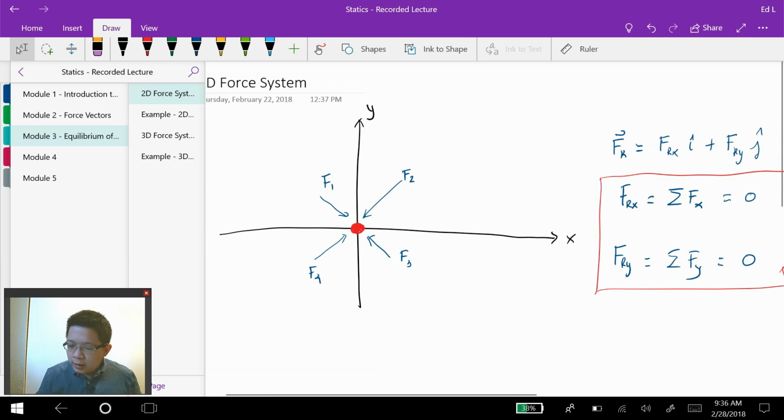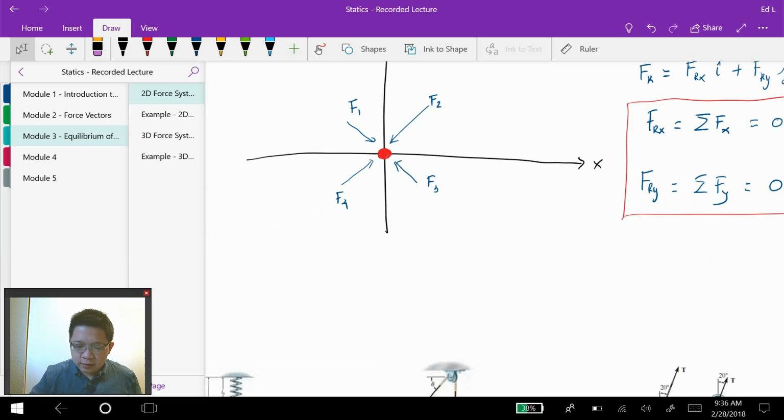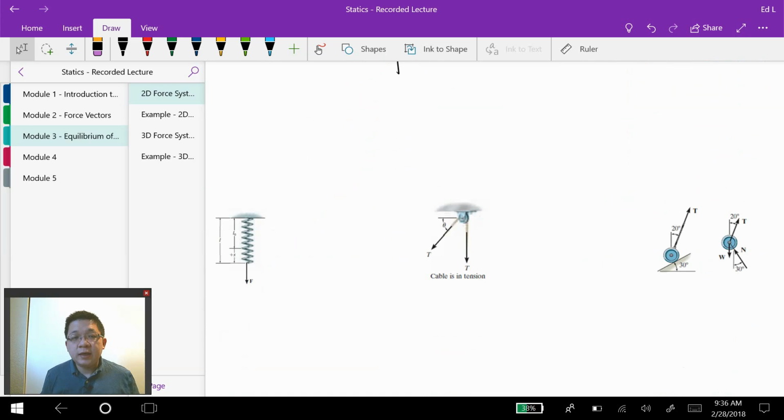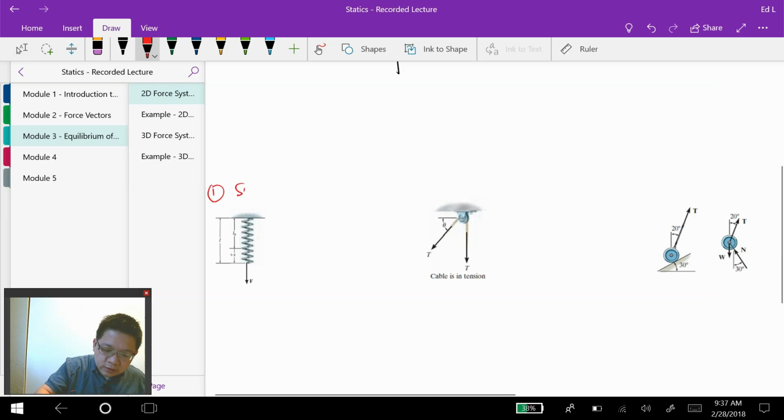Okay, and in many problems that we discuss here, there are many cases where the particle is attached to some component or some structure, and the most common components that we will encounter when we solve problems are, one, spring, right? Second is cable, right?